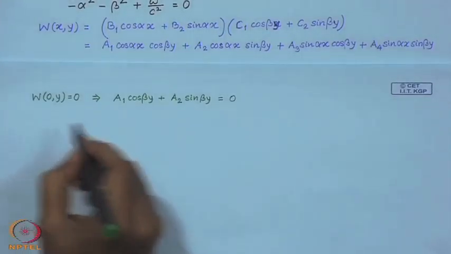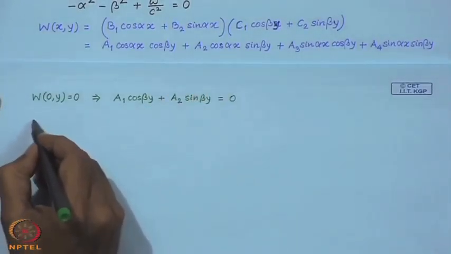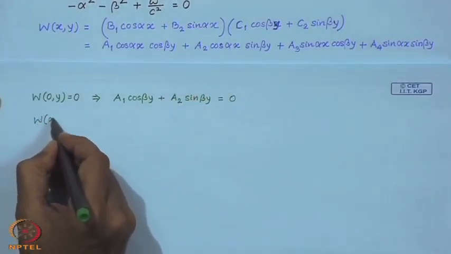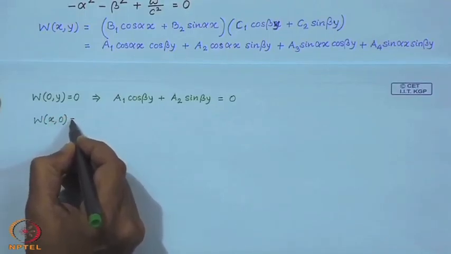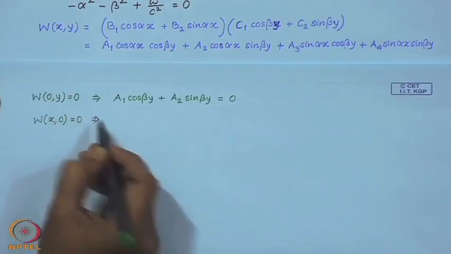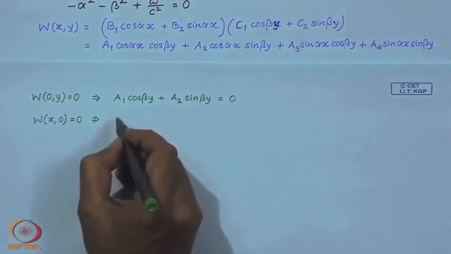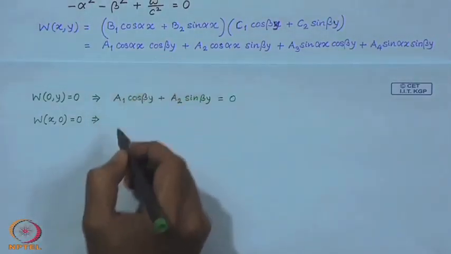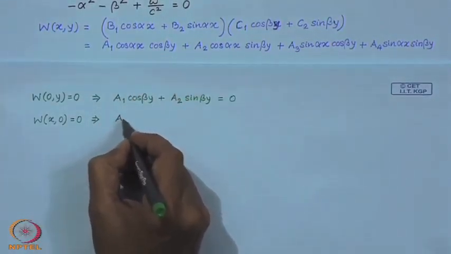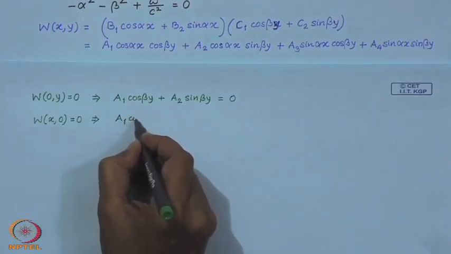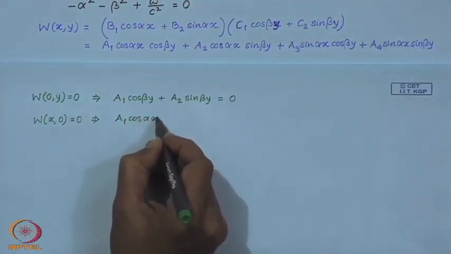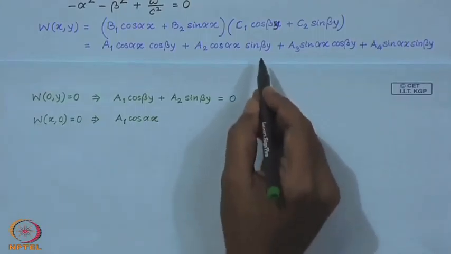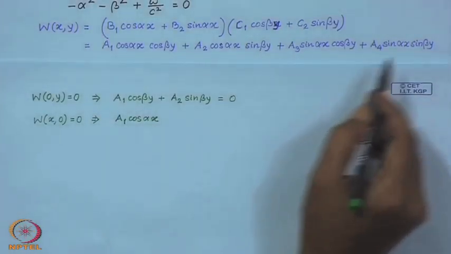Then let me take this boundary condition. So, at y equal to 0, this term will vanish and this term will vanish.